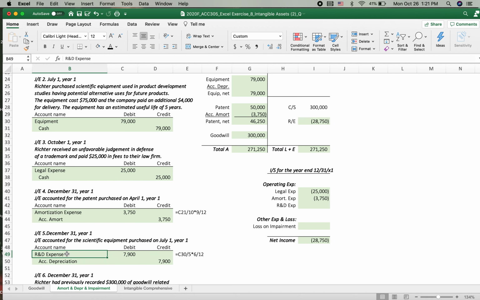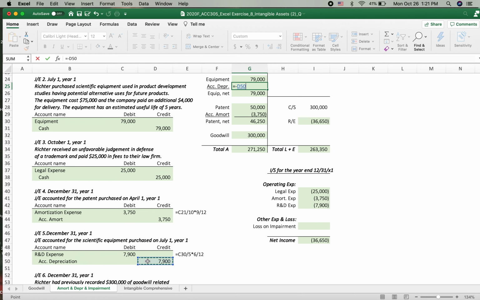So what is this equipment activity, right? The R&D expense, not just the total operating use of the equipment. So we use R&D expense rather than the depreciation expense. So 7,900, then accumulated depreciation. Here we put this 7,900.